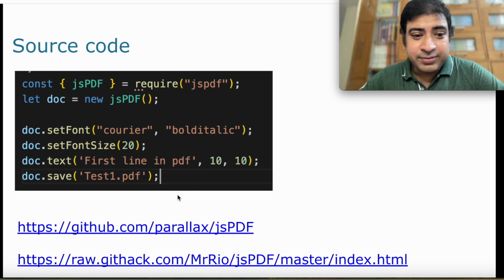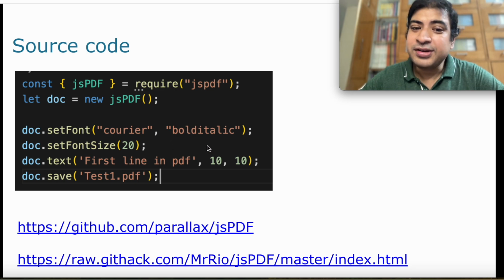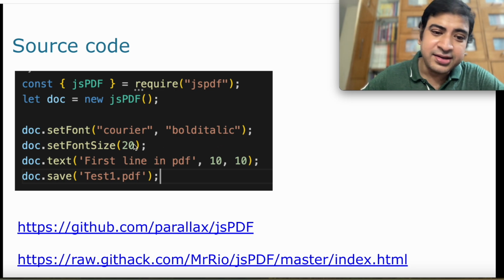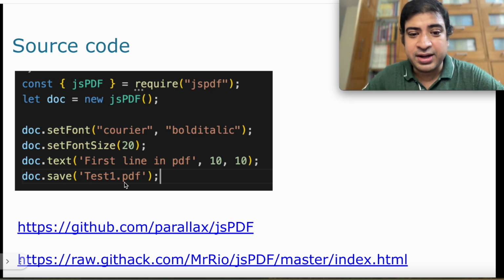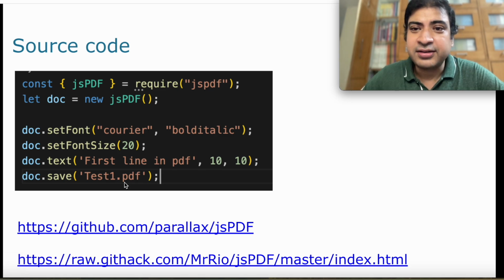And as you can probably make out from this code here, the font type in the PDF is Courier, uses bold italics, font size is 20, and this is a single line, the name of the file being test1.pdf. So now we are going to see a demo of how we can do that.